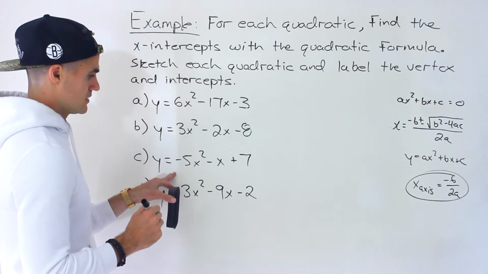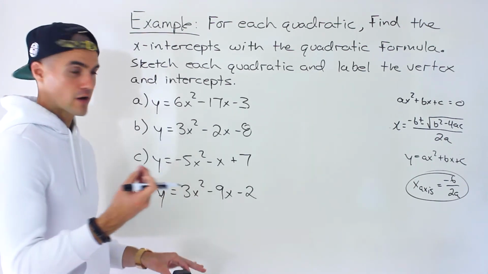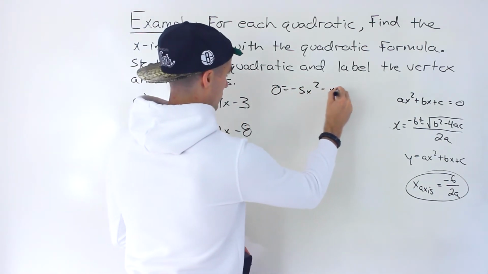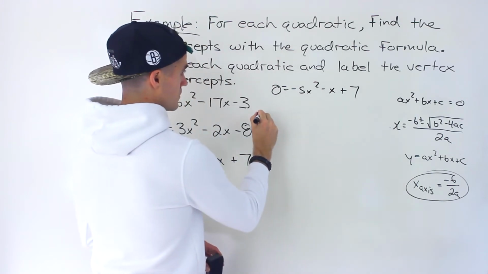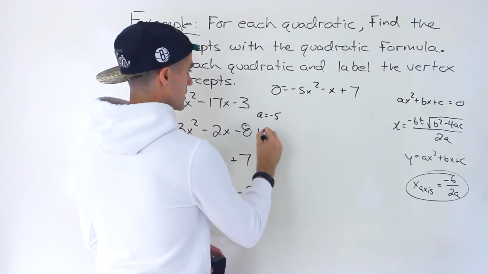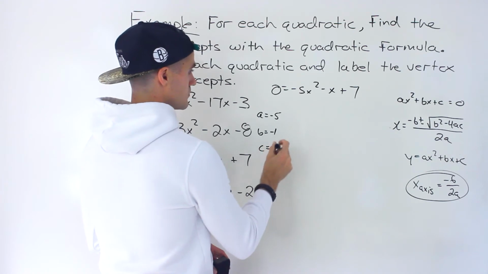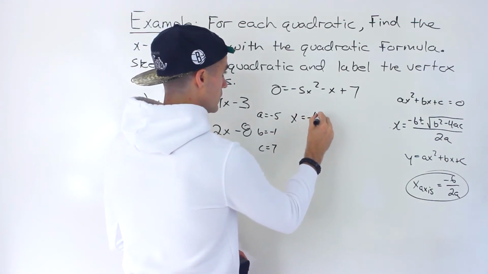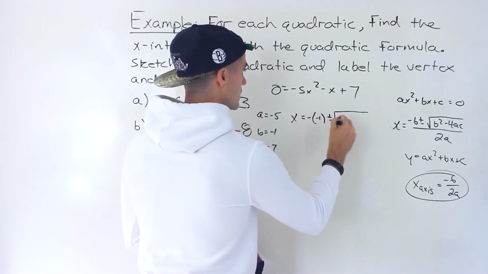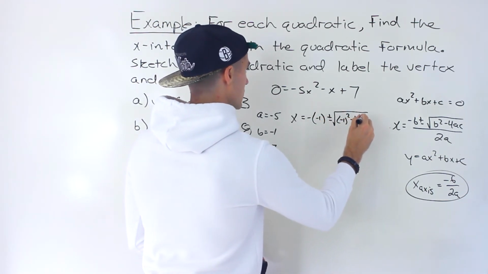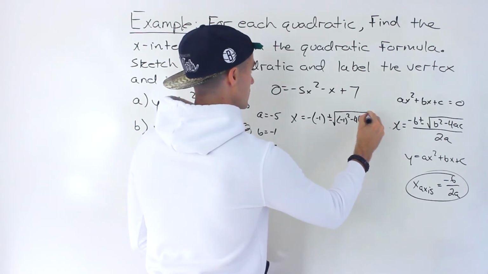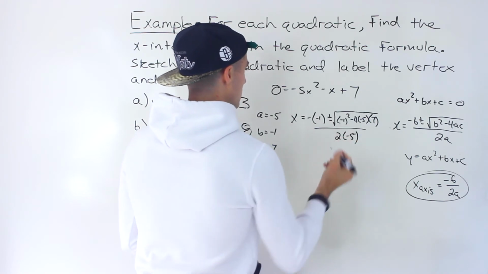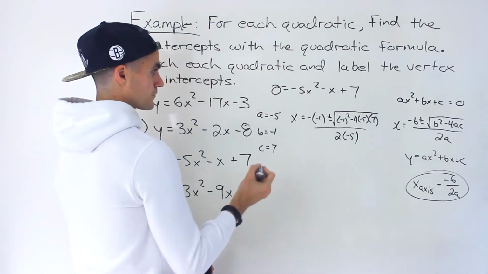Moving on to part C, so we have this next quadratic, again finding the x-intercepts. We plug in 0 for y. And so a is negative 5, b is negative 1, c is 7. Plugging these values into the formula, we'll have x equals negative negative 1 plus or minus the square root of negative 1 squared minus 4 times negative 5 times the c value of 7, all over 2 times the a value of negative 5.